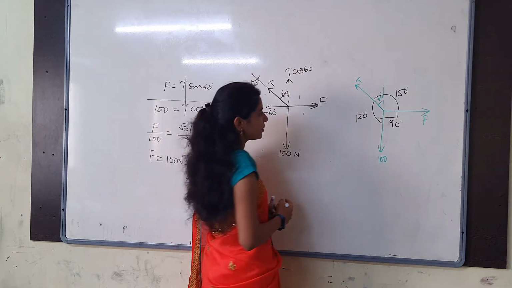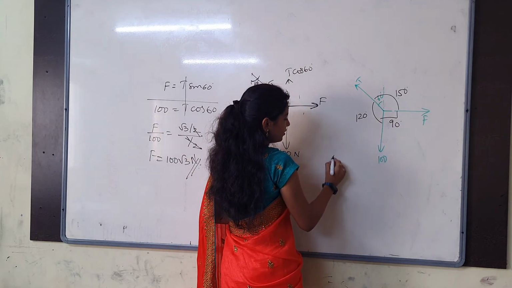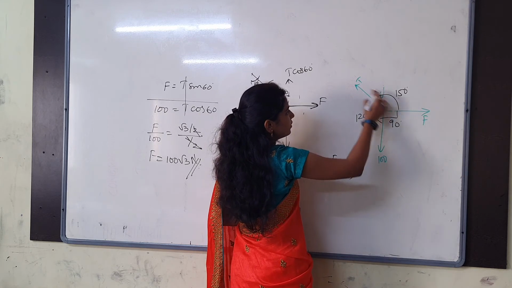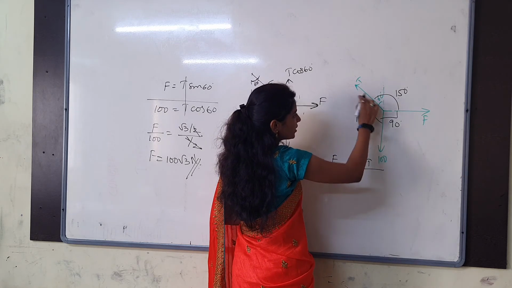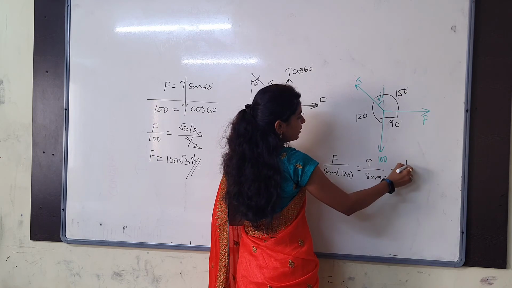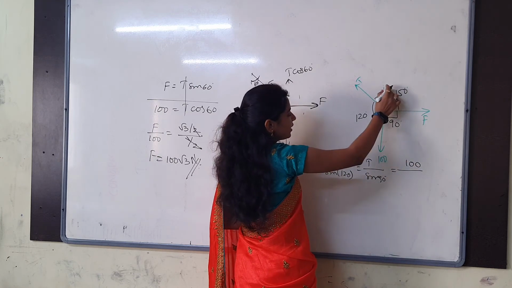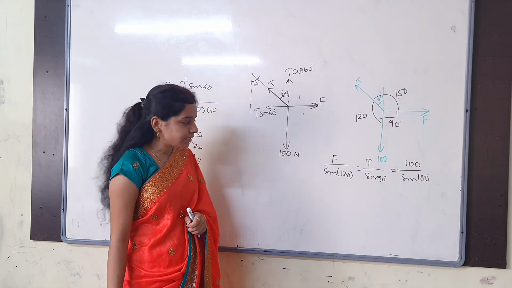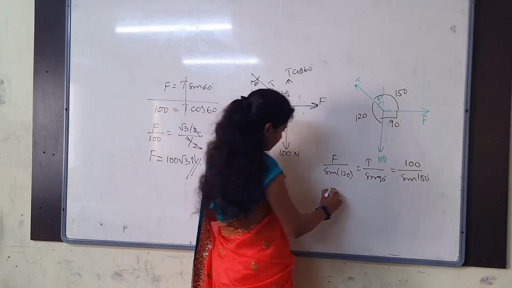Now, apply Lami's theorem. Force by opposite angle: F by sin 120 equals T by opposite angle, which one? Sin 90 degrees. And 100 divided by force by opposite angle, which is sin 150. Understand, right? So F by sin 120.